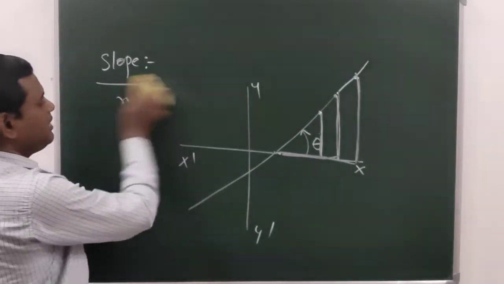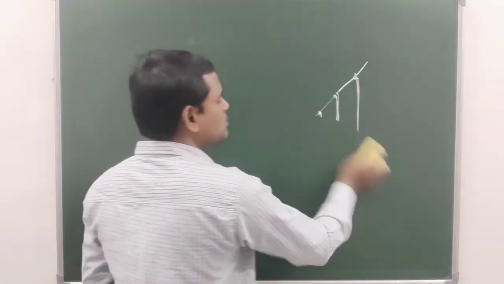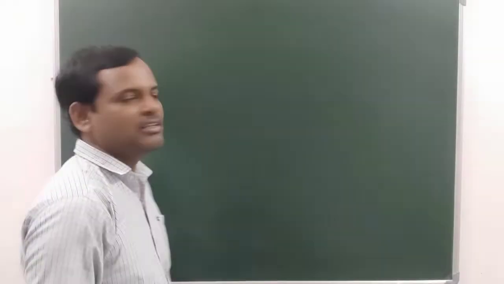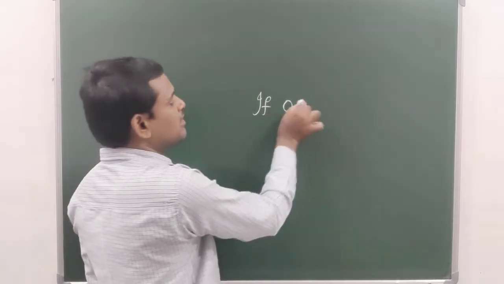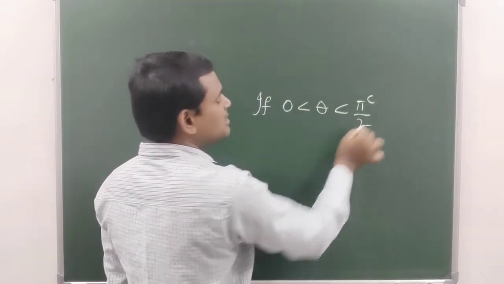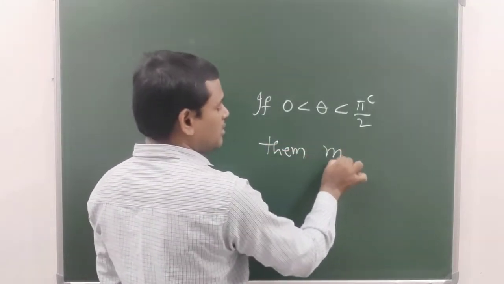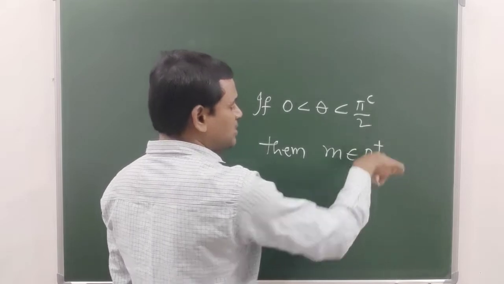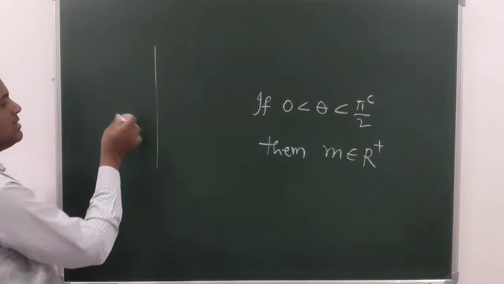If the inclination is more than 0 and less than 90 degrees, then we get the slope as a positive real number.